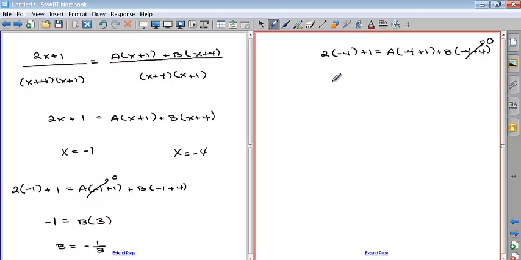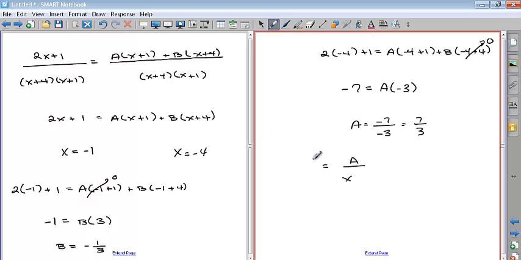So what we're left with is -4 times 2, which is -8, plus 1, which is -7, is equal to a times -3. So we divide both sides by -3. You get -7 divided by -3, which is 7/3. So that's a.